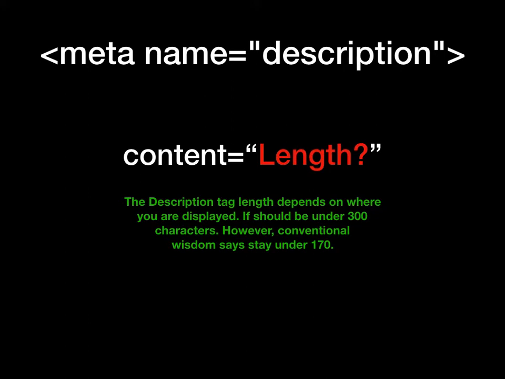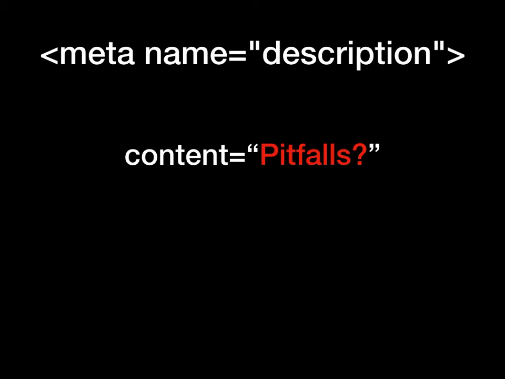And you can do that by tracking it through analytics, or you can create a bunch of different landing pages and do some Facebook ads, and then whichever Facebook ad ranked best, then that description tag is actually working better than some of the others, and then try to replicate that in the future. So there are some pitfalls with the title tag or the description tag.